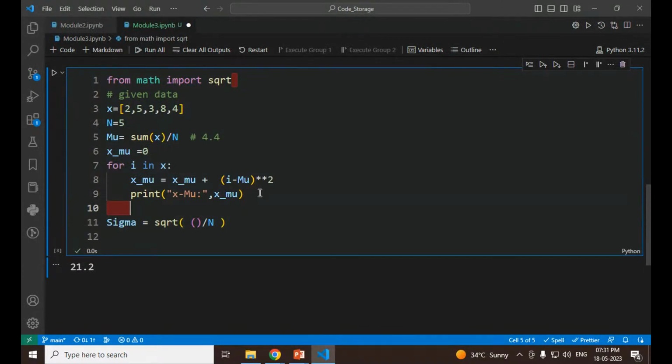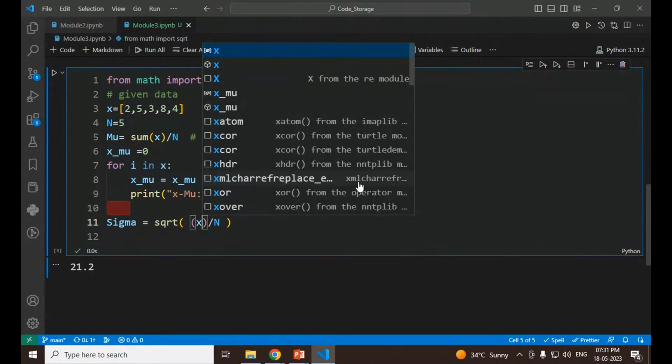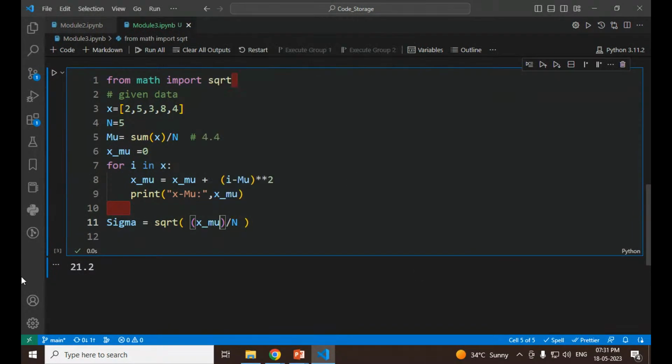Okay, I'm done with the calculation and it is available in this one. So what should I do in the next step? In the formula, where should I use that x minus mu? Insert this. Okay, this is my x underscore mu ready, which is 21.2.